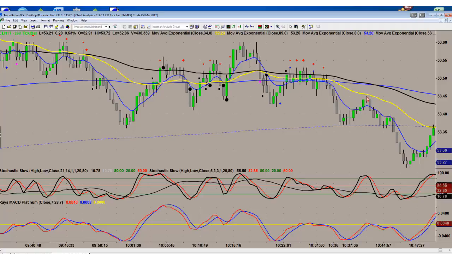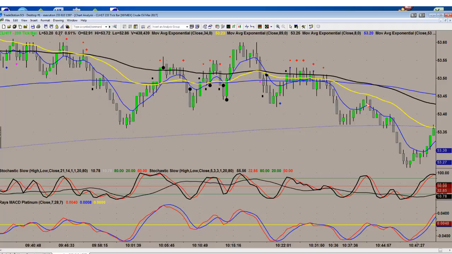So if you were concerned about taking that trade there on the T20s because of the flatness of the 89, of the 34, even the 200, once they're now all aligned, you are more bold in taking the short.